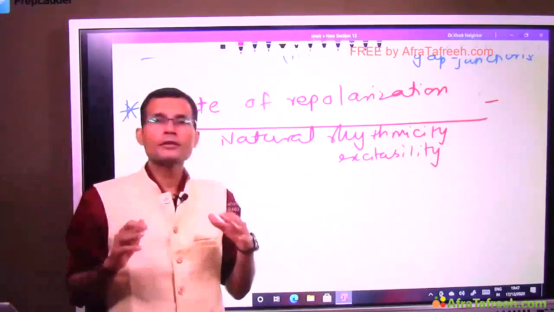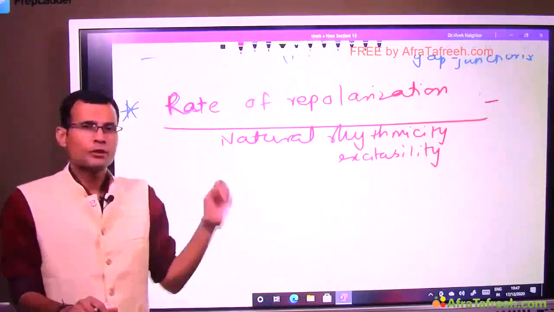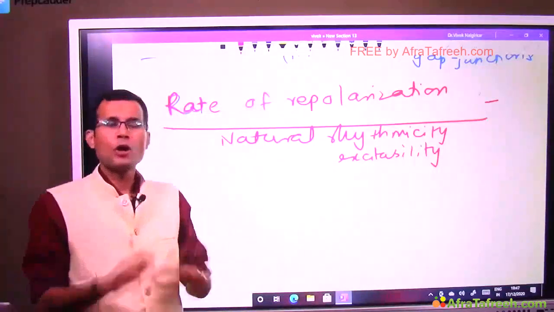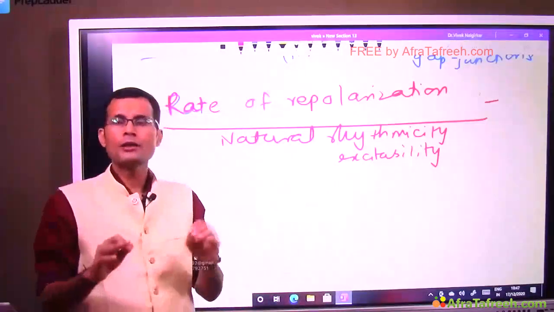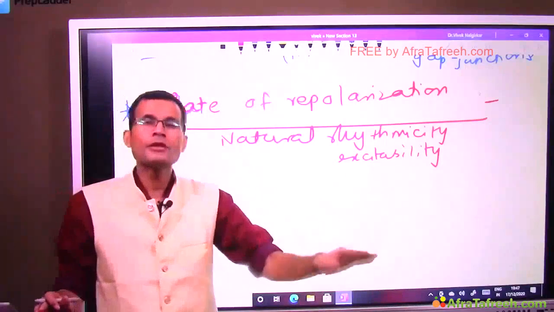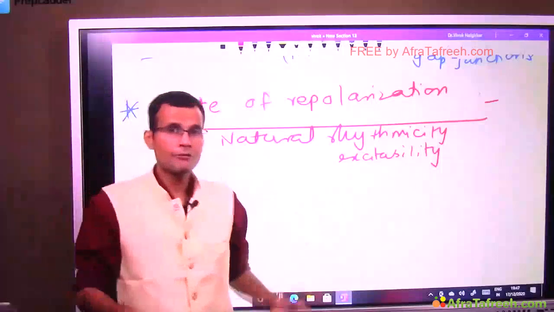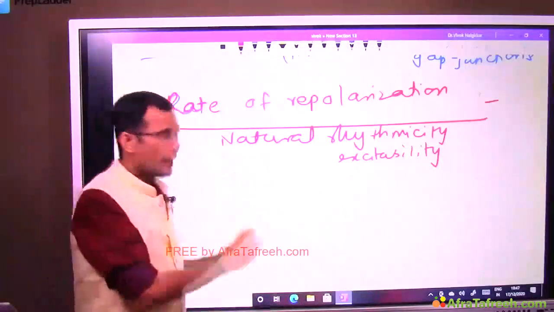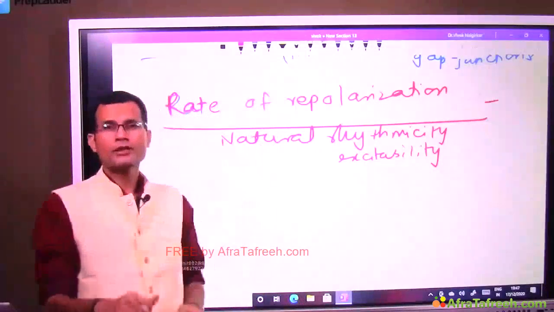I have said this a number of times now that SA node is the pacemaker, so all parts in the heart have to follow the frequency of SA node under normal circumstances, but their natural rhythmicities are different. Their natural excitabilities are different, and that depends on the rate of their repolarizations.